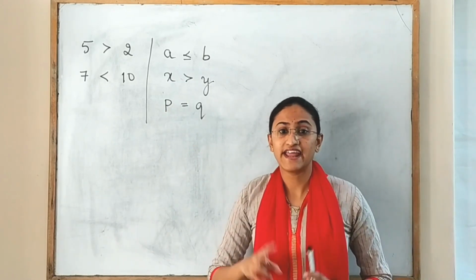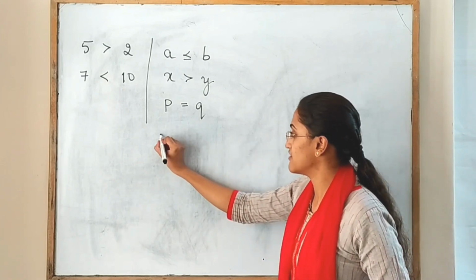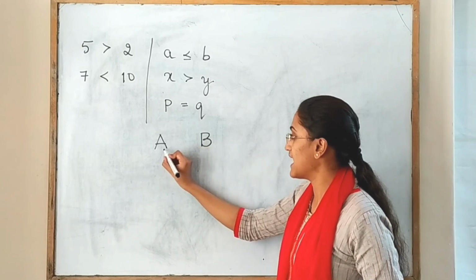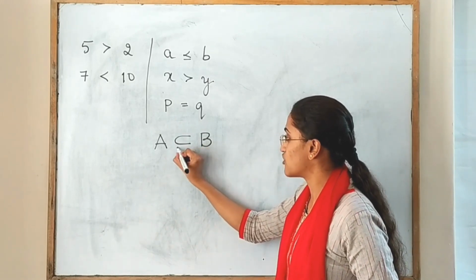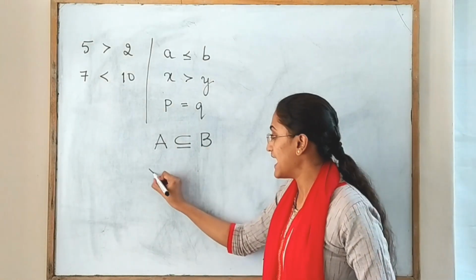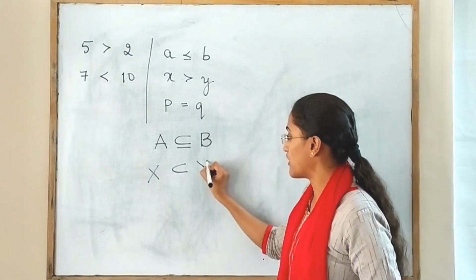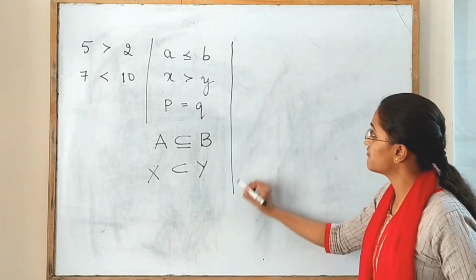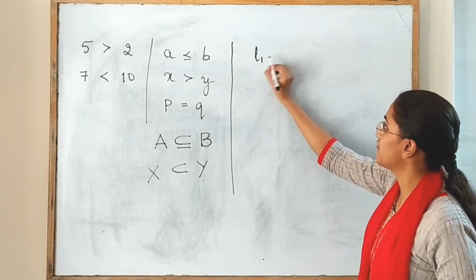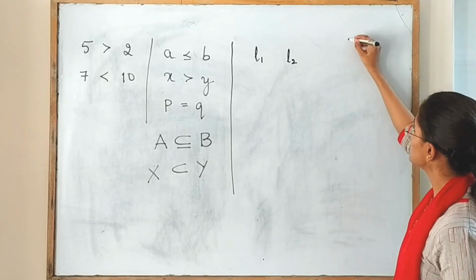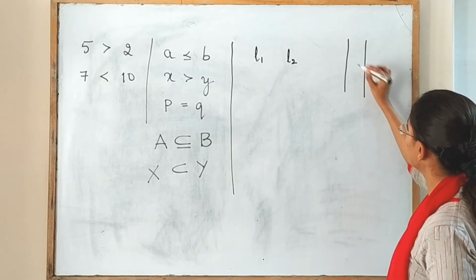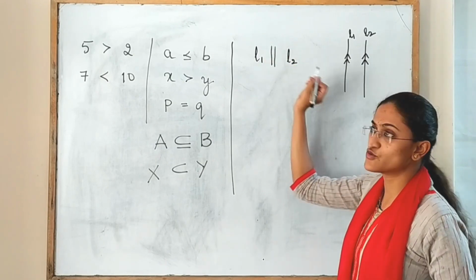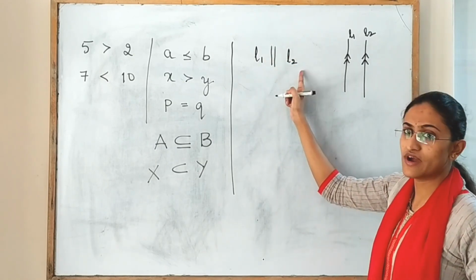If you are considering any two sets, A and B, then you can relate A and B as A is a subset of B or X is a subset of Y, and many more. If you are looking geometrically, and I consider any two lines L1 and L2, and I say L1 is parallel to L2, then there is a relation between these two lines, that is, L1 is parallel to L2.